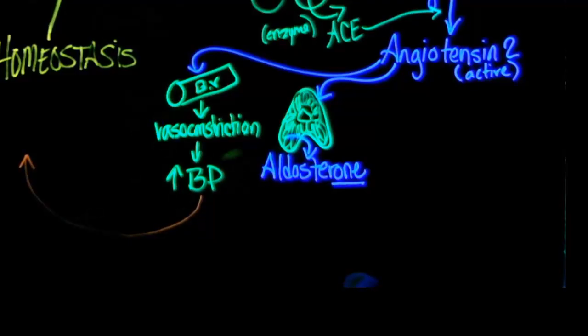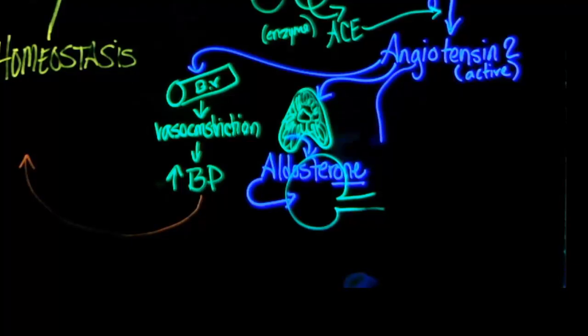Now, curiously, when aldosterone is released, it's going to target the kidney. And so I'm going to draw a kidney here because it's actually sitting right underneath that adrenal gland. And the aldosterone can then move into and bind to receptors in the kidney. And angiotensin 2 can also come in and bind to receptors that are inside the kidney.